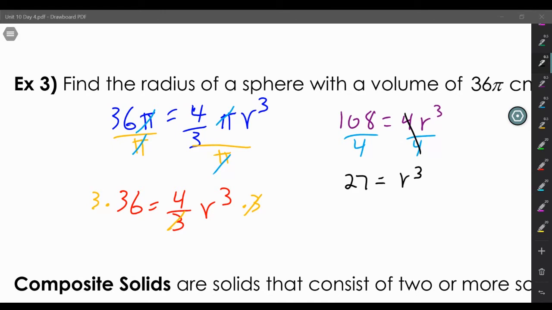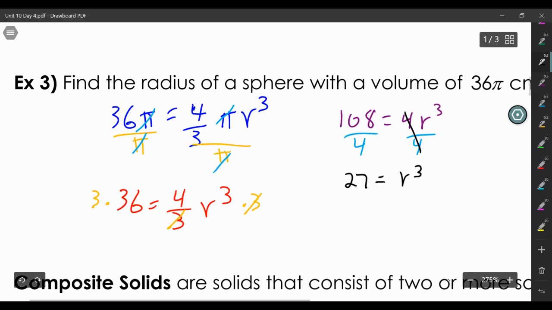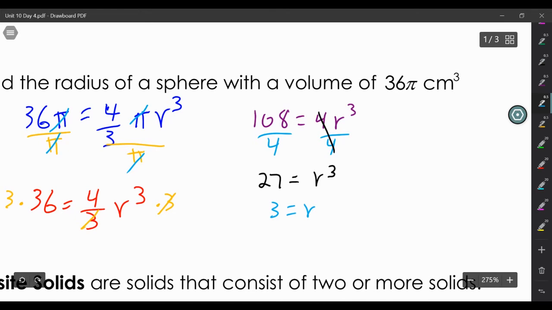Another way you could do this is put 27 in parentheses and raise it to the 1/3 power, and that will also give you 3. So 3 is equal to r. Our units are centimeters.